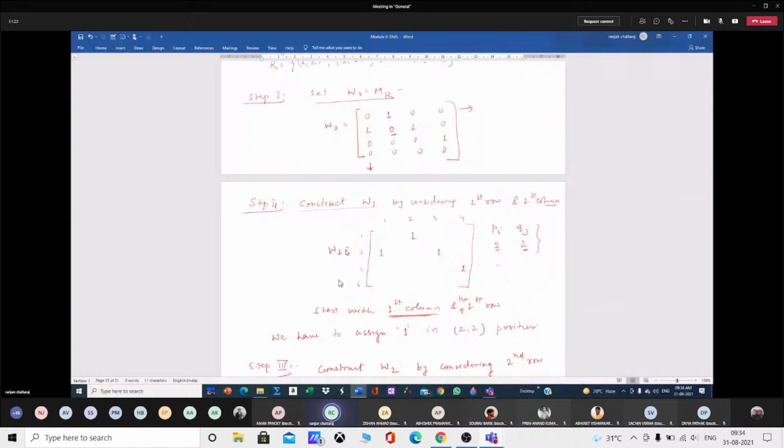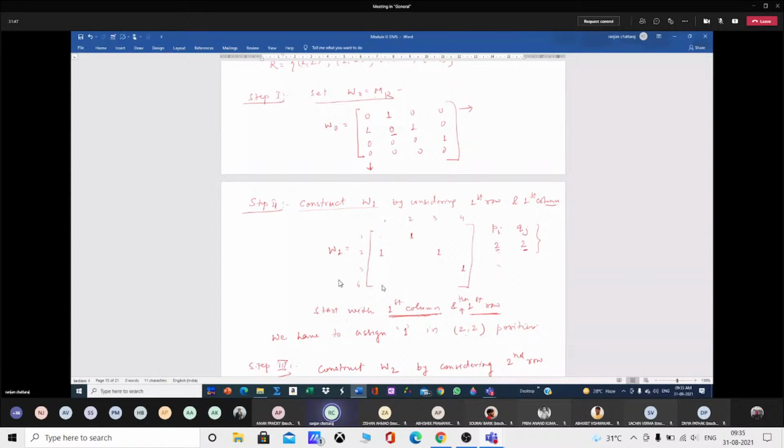That means in W1, first of all, we assign only the entries that are 1 in W naught. So 1, 1, 1, these things. Next, we consider the first column and then the first row.